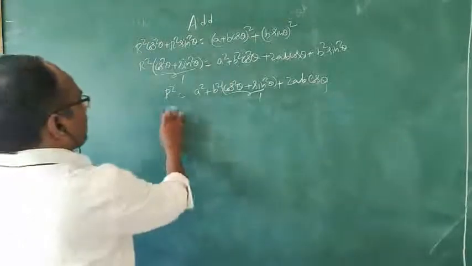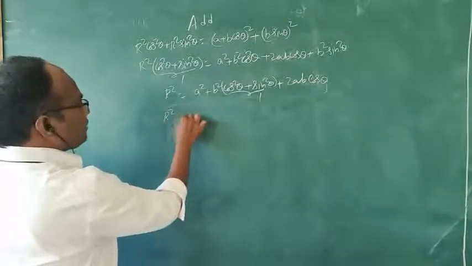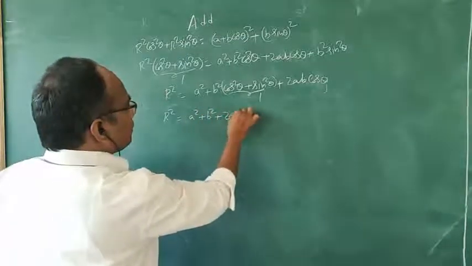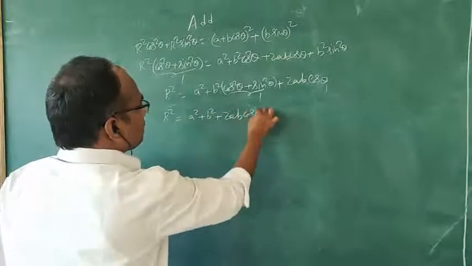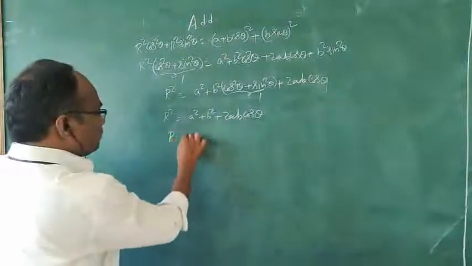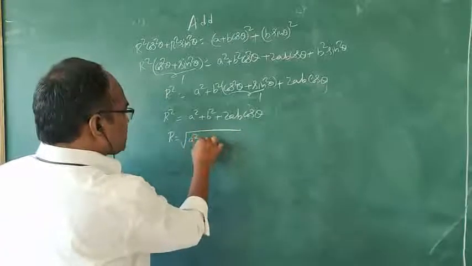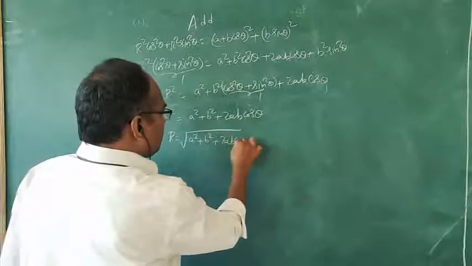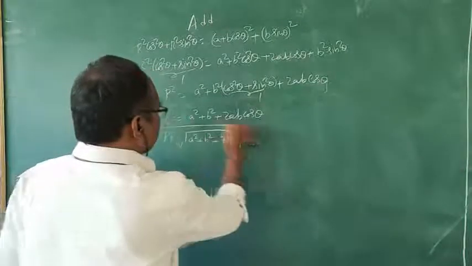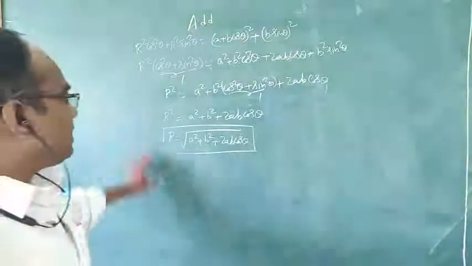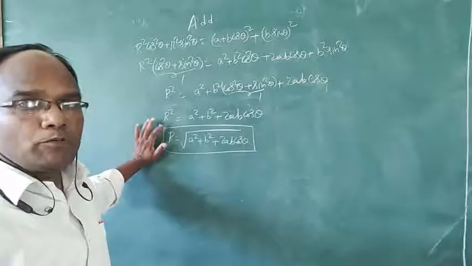So here r square is equal to a square plus b square plus 2ab cos theta. So r is equal to root of a square plus b square plus 2ab cos theta. This is the formula, how we got it. This is the resultant displacement of a wave.